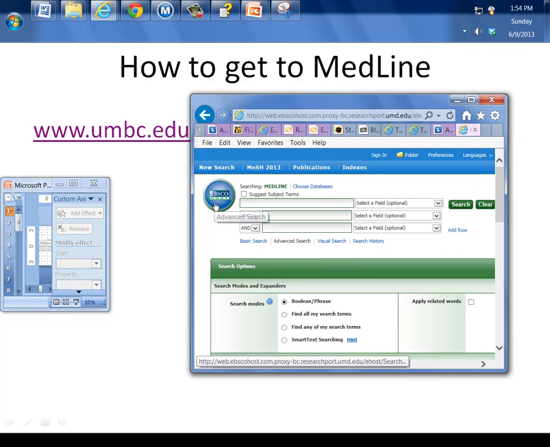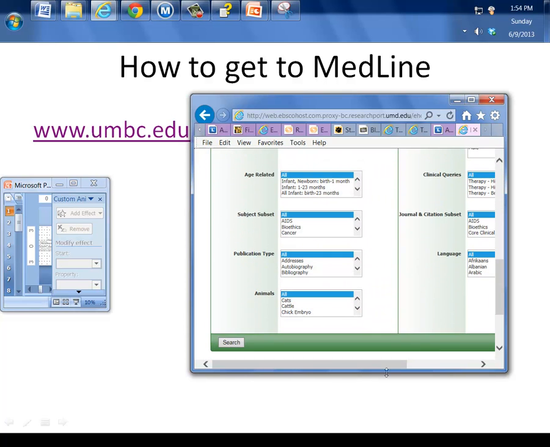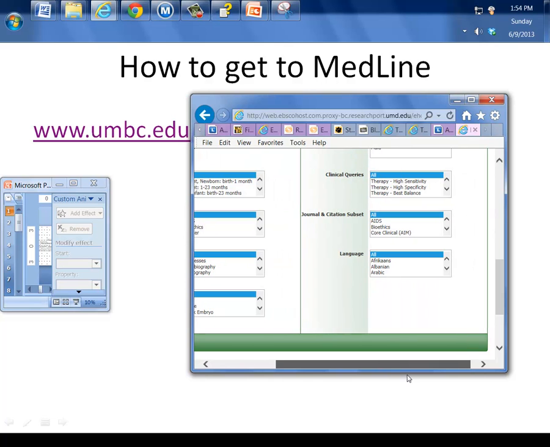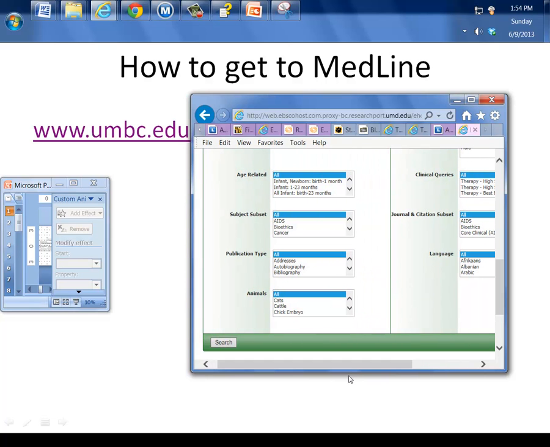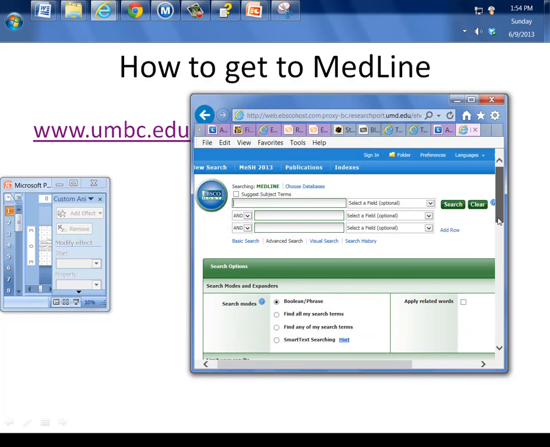So EBSCO. EBSCO is a browser. MEDLINE is the database. And using EBSCO, you can search a bunch of different databases. It's useful because it has some advanced search functions built in, and also because using these types of studies, you can narrow down what you're looking at, which is really helpful when you have 3,000 articles pulled up by a search.